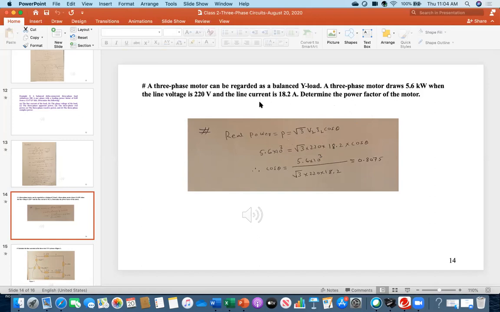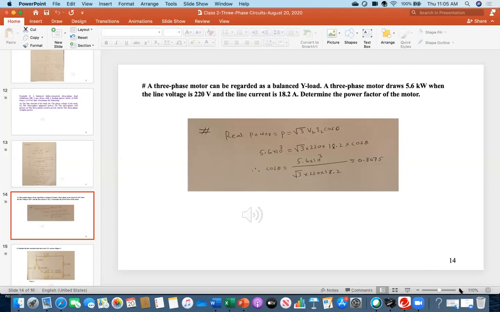So everybody see, you have to find out the power factor. The motor draws 5.6 kilowatt. This means this is the real power value because the unit is in kilowatt. So write down the equation: real power P equals √3 V_L I_L cosine theta.